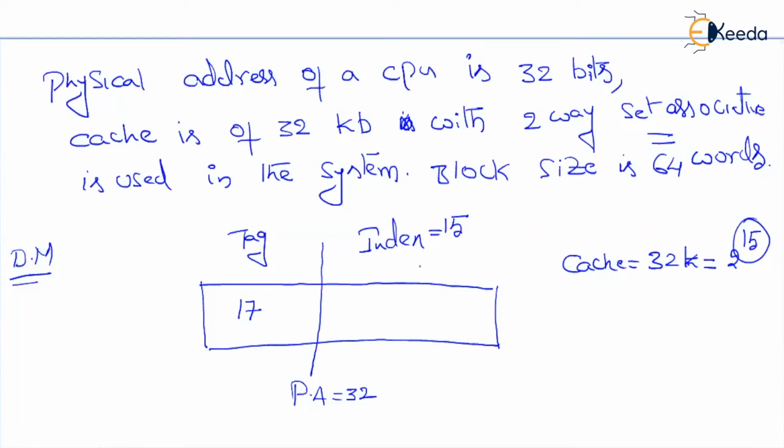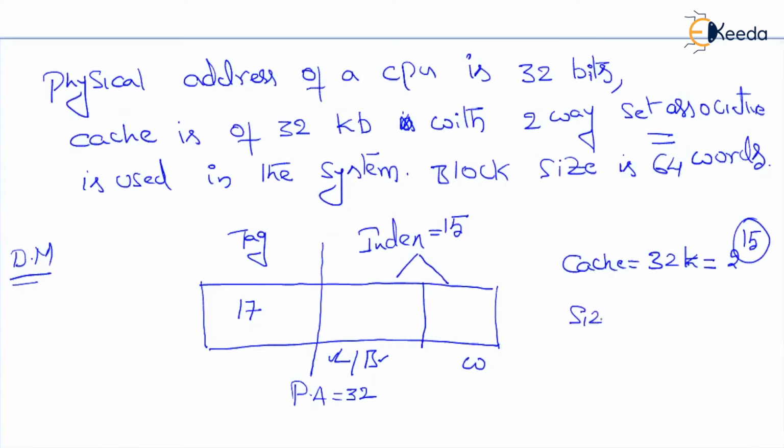Now the index will be subdivided into two more portions: one is word field and the other is line or block, whatever you call, both are one and the same. Word field is the size of the block.